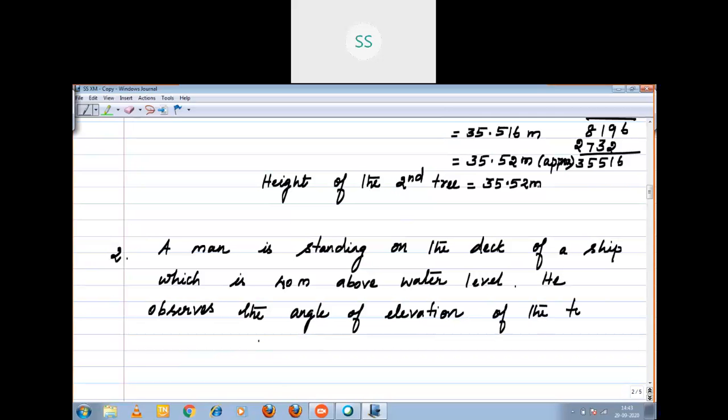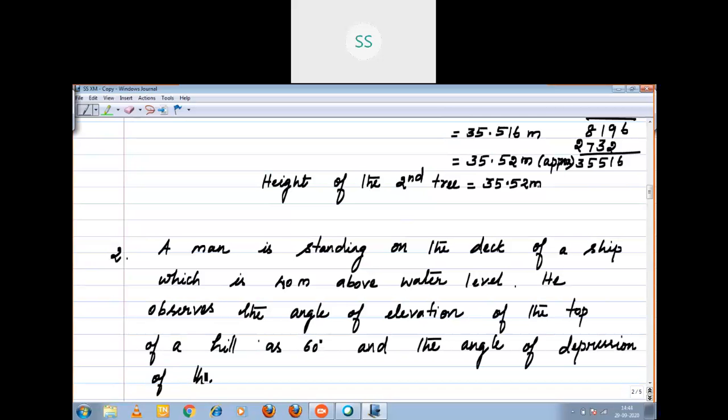The angle of elevation of the top of a hill is 60 degree, and the angle of depression of the base of the hill is 30 degree.